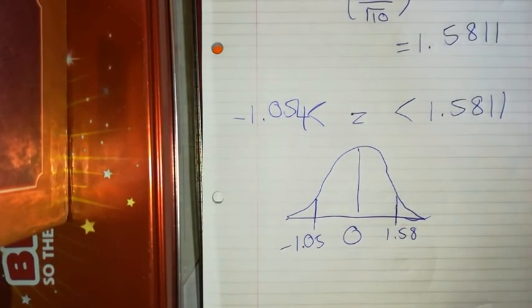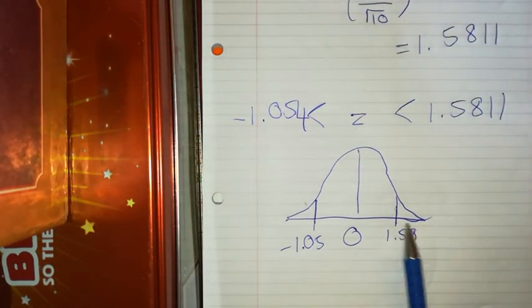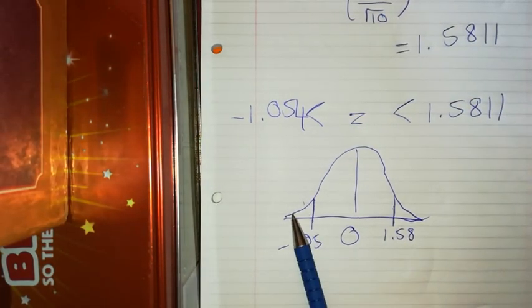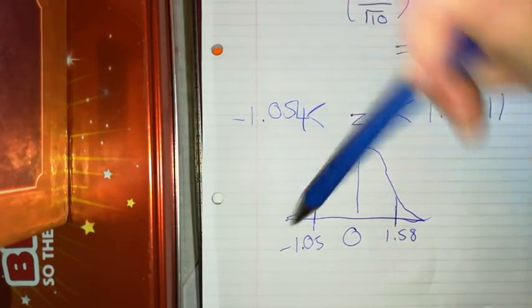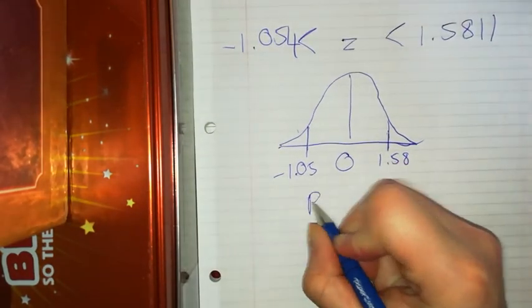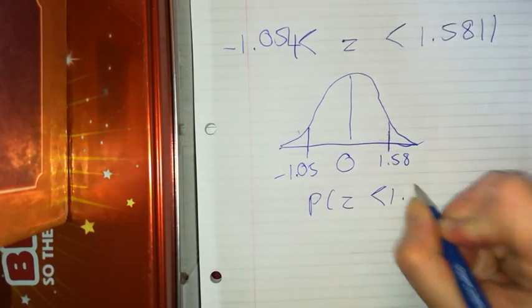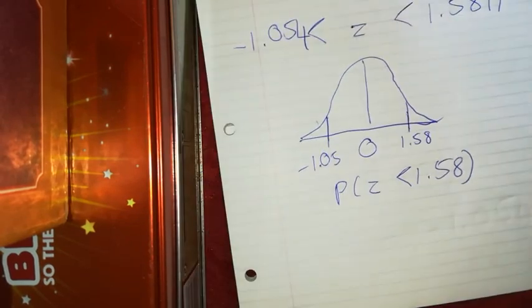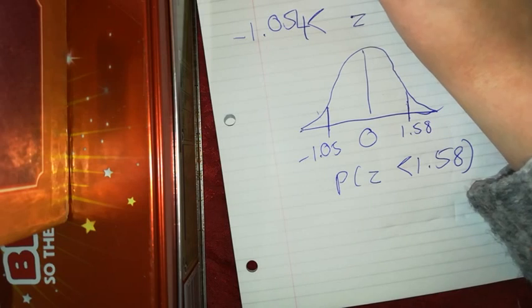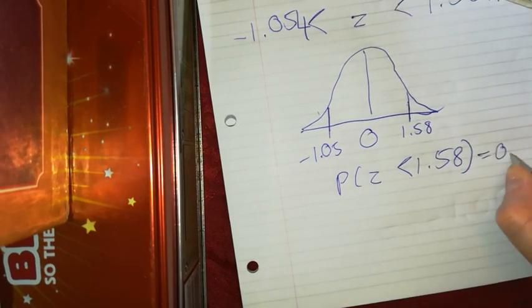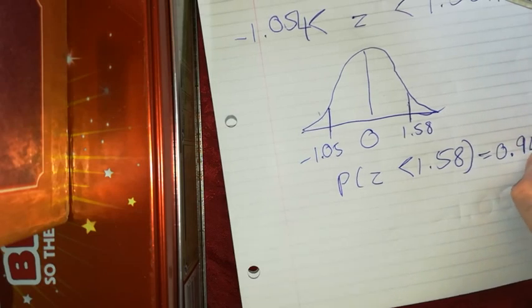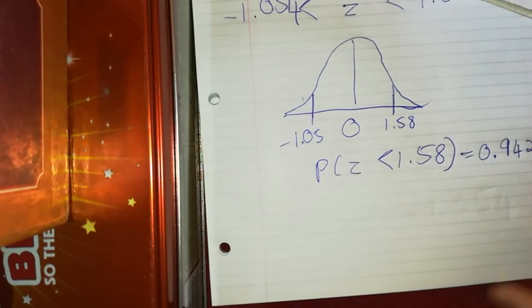So to get the probability that it lies in between, first I'm going to get the probability that it's less than 1.58, then I'm going to get the probability that it's less than the other one, and then take that away. So first, the probability that z is less than 1.58, so I'm going to go across to my tables. 1.58 is 0.9429.